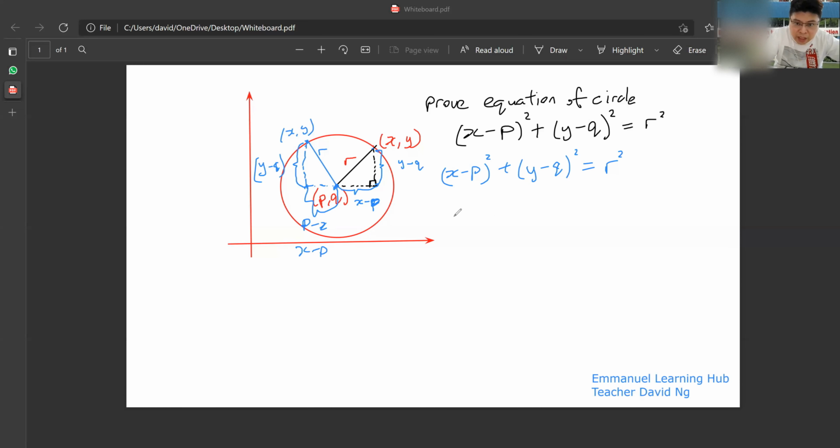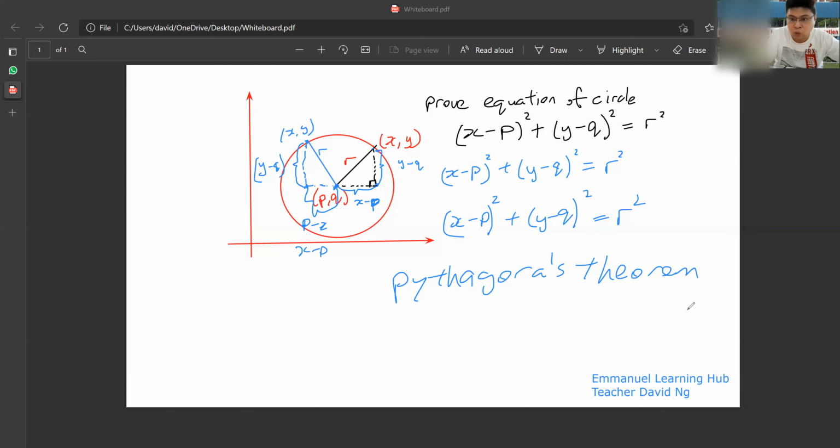So you'll still end up with (x - p)² + (y - q)² = r². So for convenience's sake, they always write x minus p. Therefore, the equation of the circle is (x - p)² + (y - q)² = r². So everything is based on your Pythagoras theorem, which you learn in Sec 2.